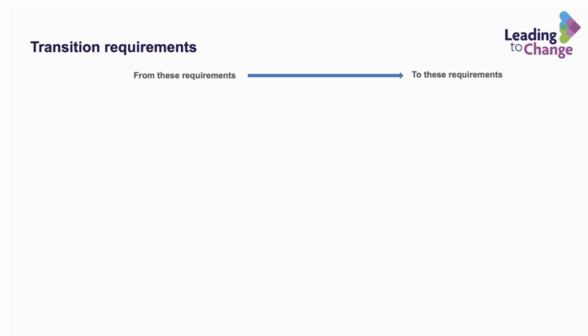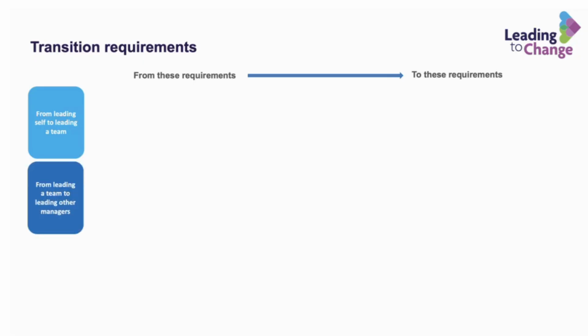So the three main areas we've looked at are, first of all, those who are looking to move from essentially managing themselves to leading a team for the first time. Secondly, those who are looking to move perhaps from a team leadership type role where they're leading a frontline team to moving into a role where they're leading managers for the first time.